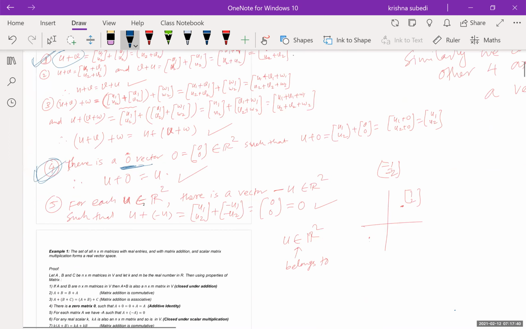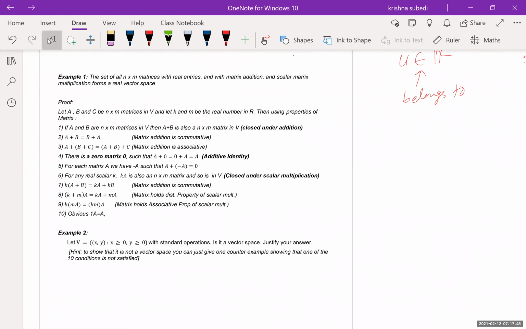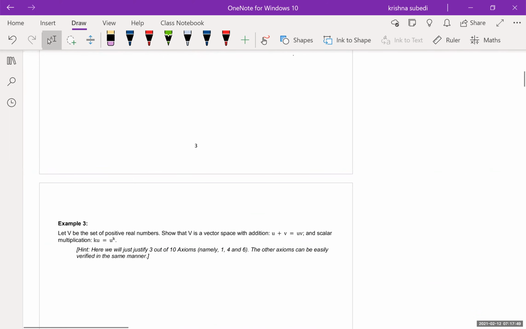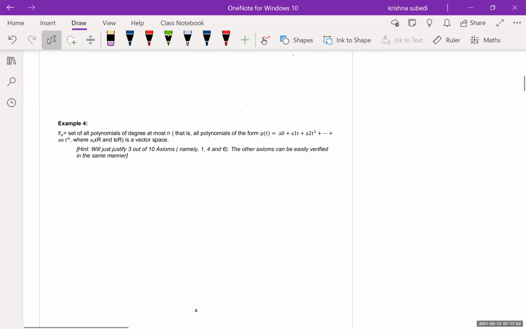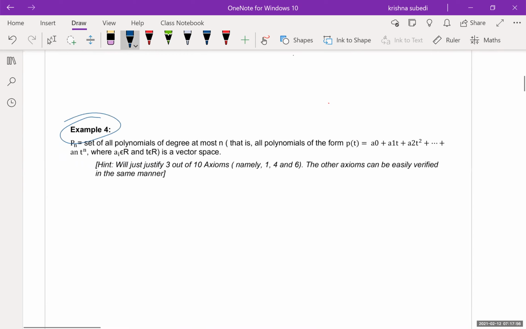And with this in mind, let us prove maybe one or two examples here. Let's look at example 4. All right, in example 4, as you can see, Pn represents the set of all polynomials of degree at most n.